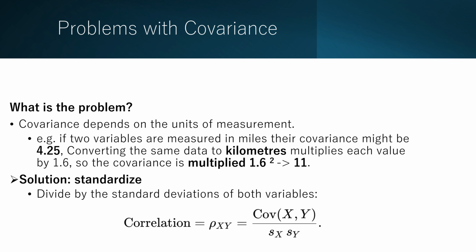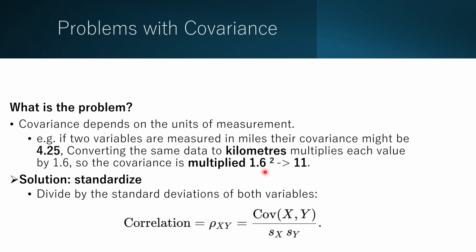Covariance has big limitations. It depends on the unit of measurement. If x and y are measured in miles, converting the same data to kilometers multiplies each value by 1.6. So covariance is multiplied by 1.6 twice, which is 2.56.